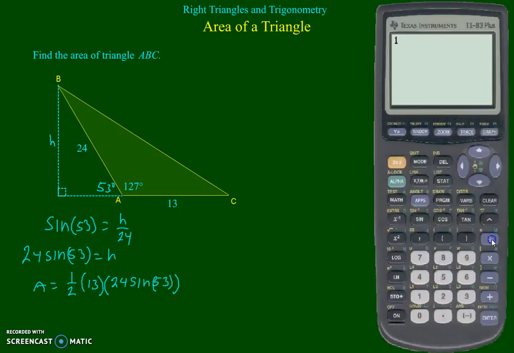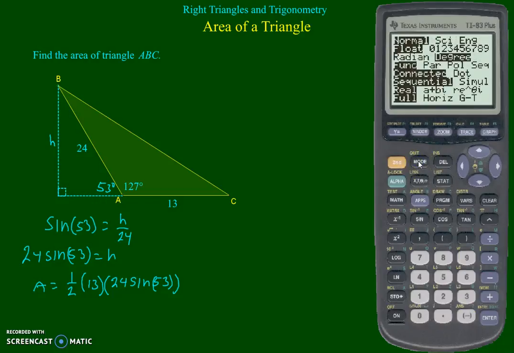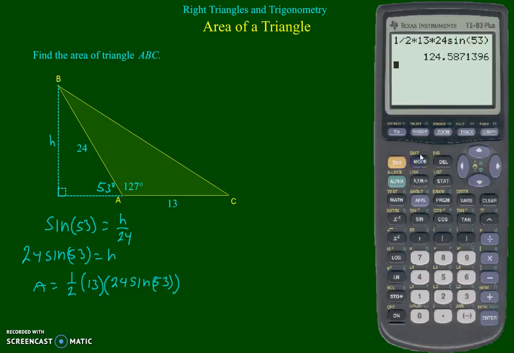So we'd have 1 divided by 2 times 13 times 24 sine 53. Enter. Let's just make sure that we're in degree mode, yes, we're in degree mode. So our answer is 124.6 approximately.